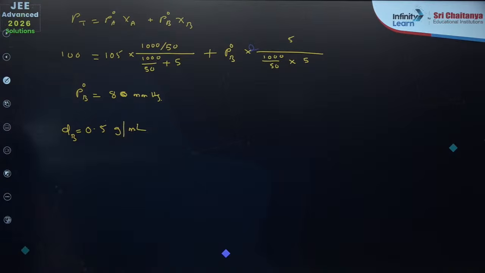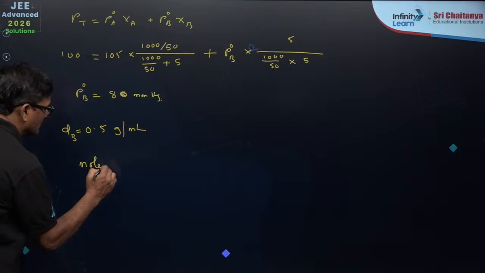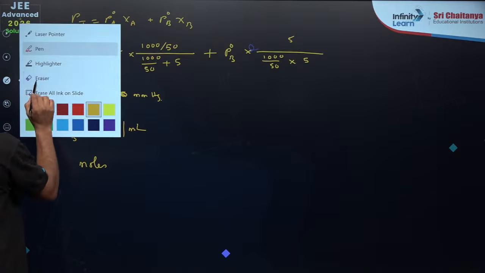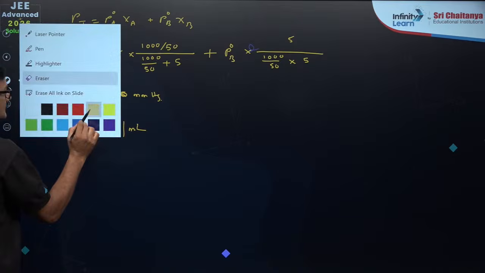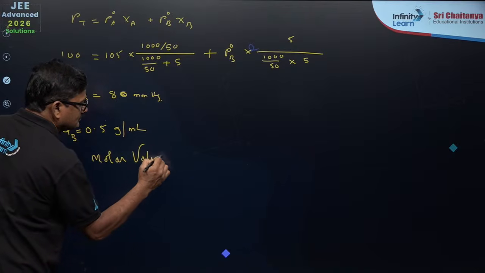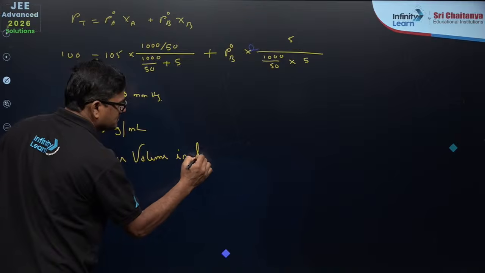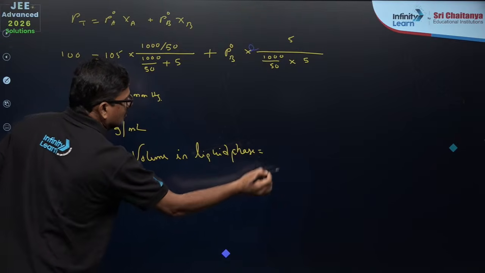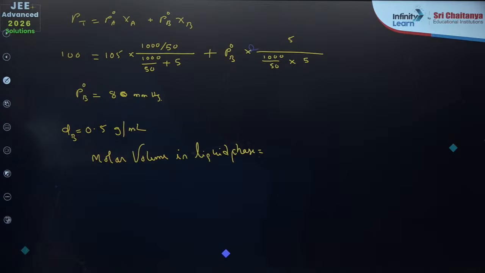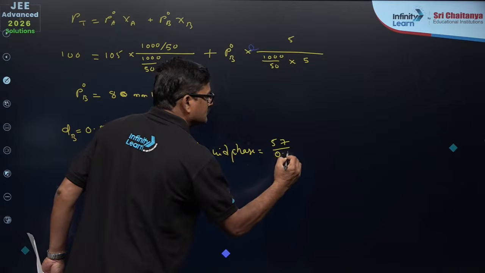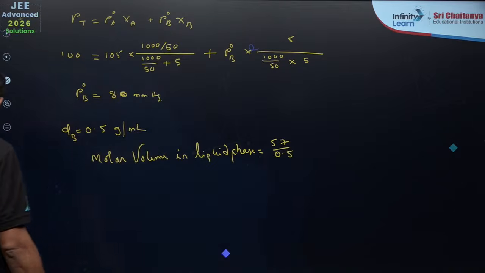The molar volume in the liquid phase, you can calculate as 57 upon 0.5 of the x.